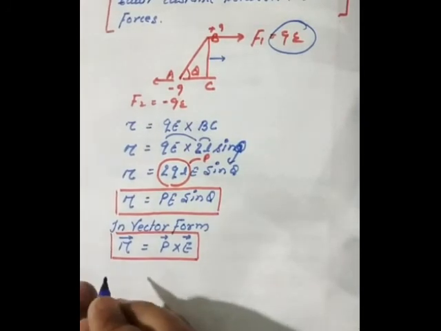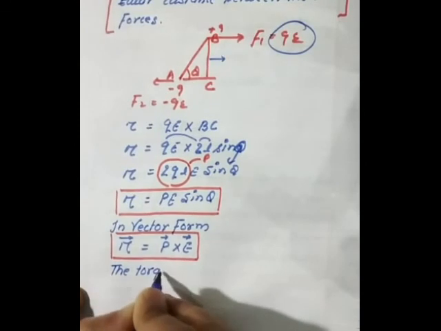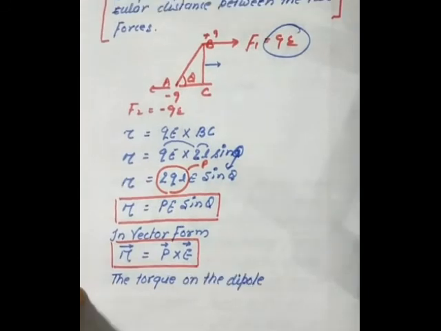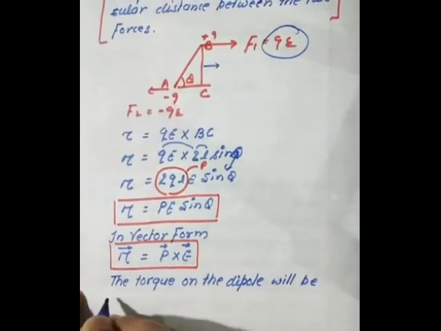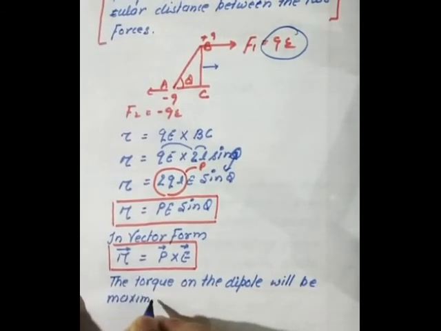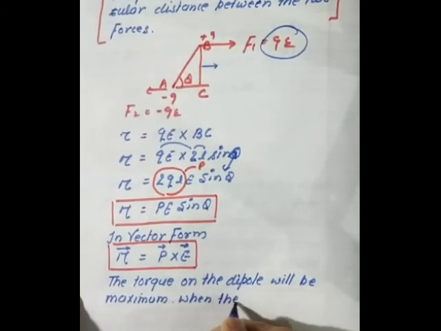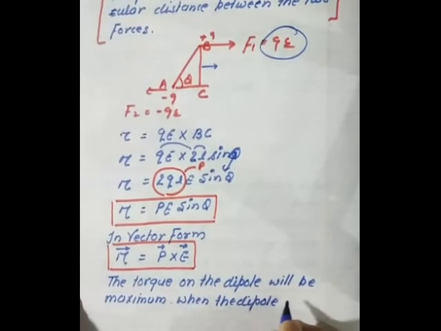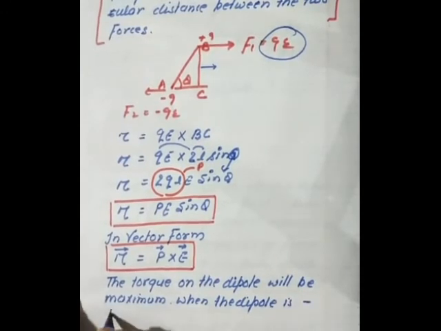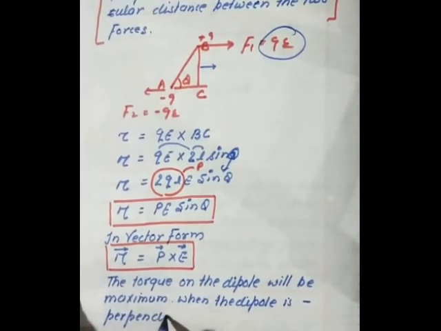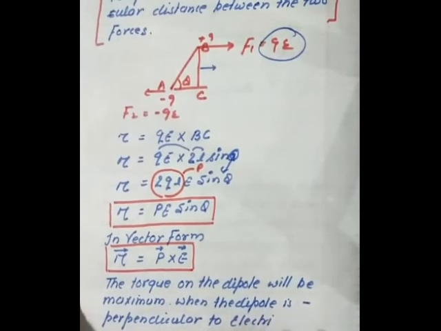So here you can write the torque on the dipole will be maximum when the dipole is perpendicular to the electric field.